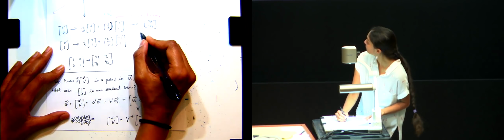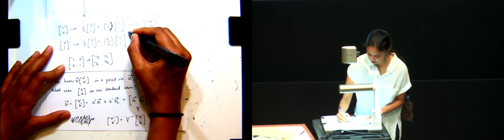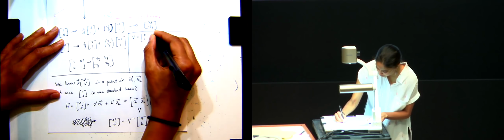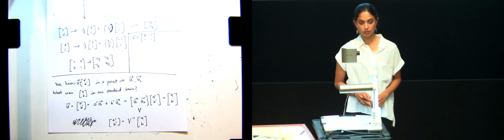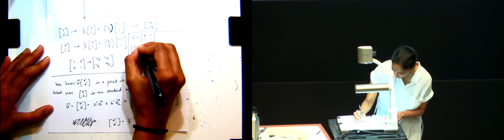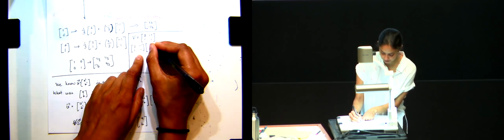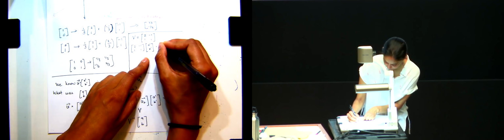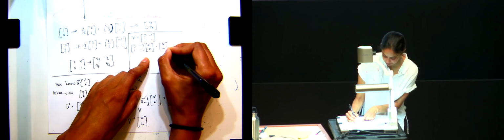And so in our particular case, what is this matrix V? Can people see what I write here? In our case, V is equal to 2, 1, minus 1, 1. So we're saying that 2, 1, minus 1, 1 times the coordinates of something in basis V prime gives us AB.